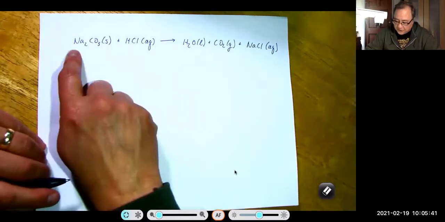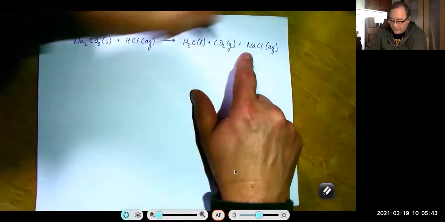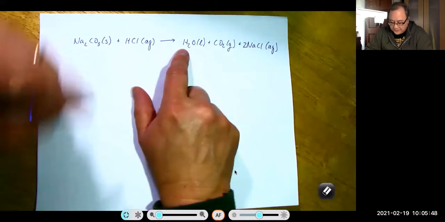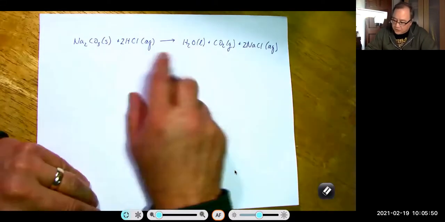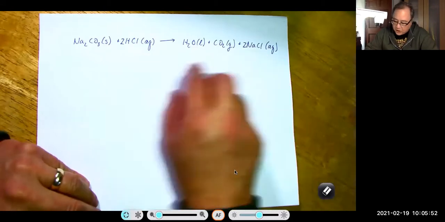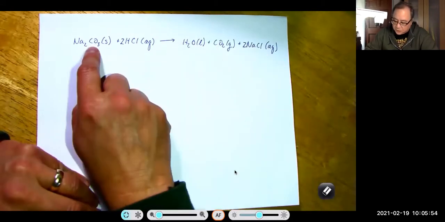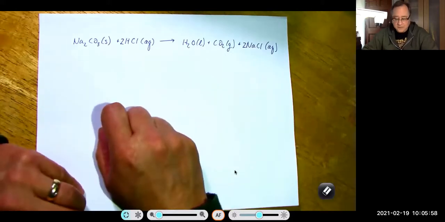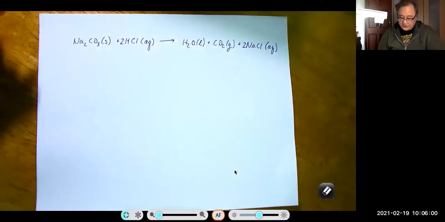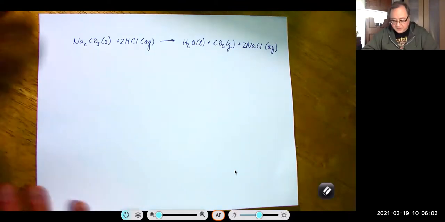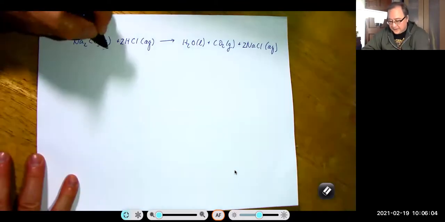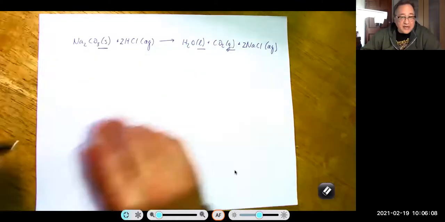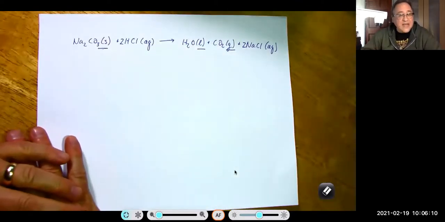You see we have two sodiums here and one here. We have one hydrogen here and two here. And now we have two chlorines and two chlorines, one carbon, three oxygens, 1, 2, 3 oxygens. Okay? Mm-hmm. Okay, so to write your net ionic equation, anything that is not aqueous is going to be in your net exactly as it's written.